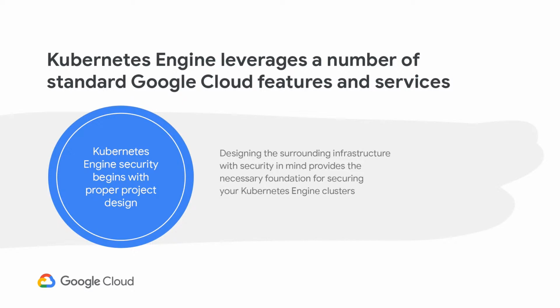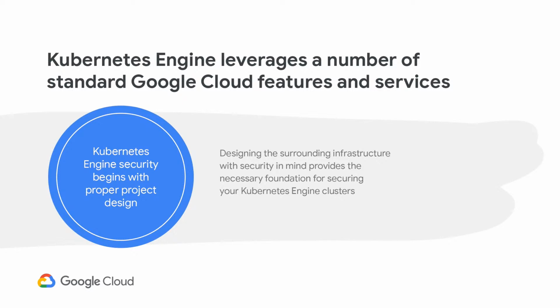Now, Kubernetes Engine leverages a number of standard Google Cloud features and services, like projects, IAM, and virtual private networks, all of which play a significant role in the security of a Kubernetes cluster. Kubernetes Engine's security begins with proper project design.